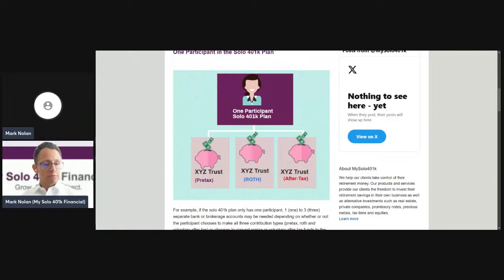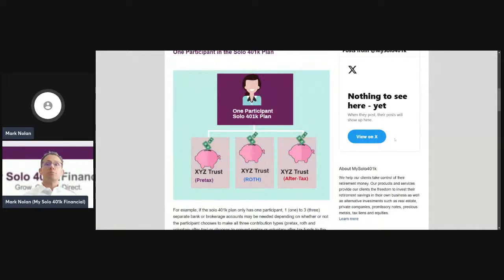So if we're talking about Fidelity, for instance, the first brokerage account would be titled pre-tax, the second one would be titled Roth, and the third brokerage account would be titled after-tax. So 1 plan that's sponsored by the self-employed business, 3 holding accounts.